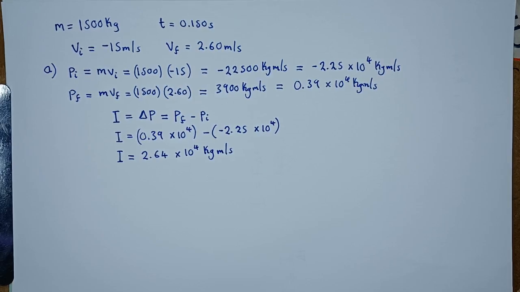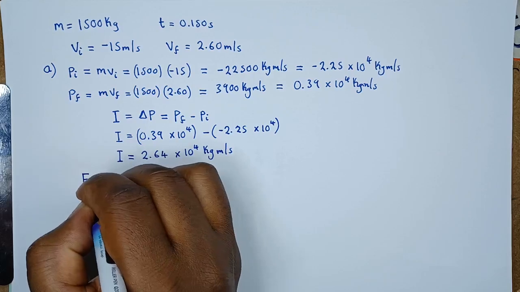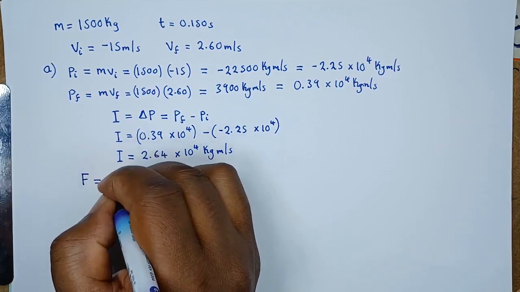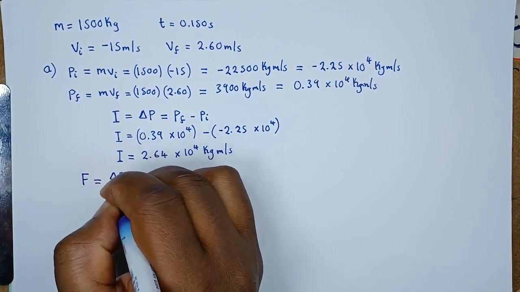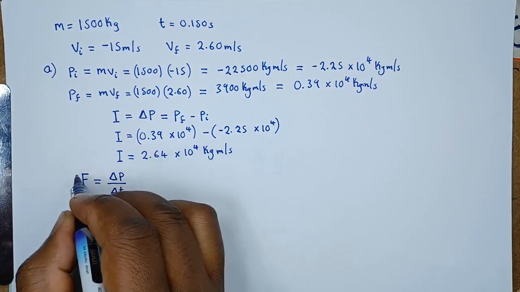So the next part, we're looking for the force. Now the force exerted by the wall is given by the formula: force is equal to the change in momentum over the change in time. So this is the formula for force.